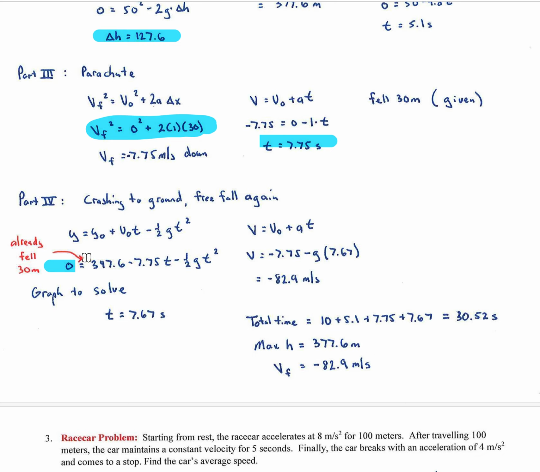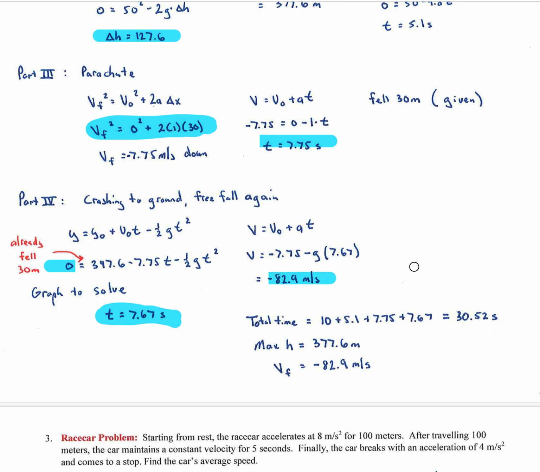And then, of course, I just graphed this to find the time it would take for me to get a height of 0. Once I knew the time, I plugged it back into the velocity equation, knowing at this moment I was already moving down at 7.75. Gravity is going to accelerate me another 9.8 meters per second for every second, and I'm in the air for that 7.67 seconds, which means I'm going to crash into the ground at that velocity.